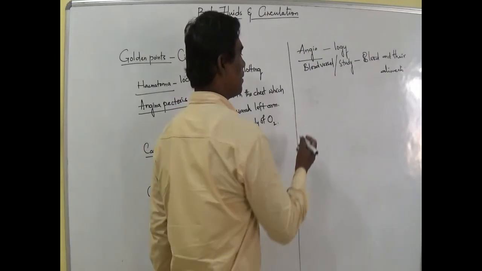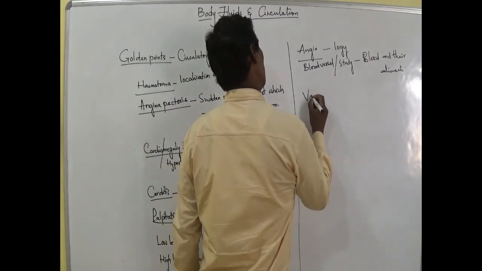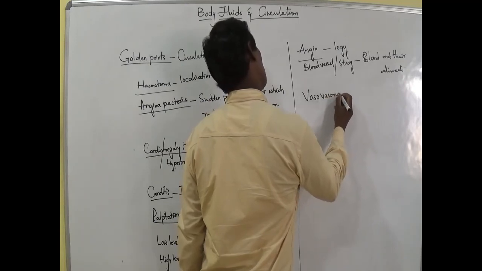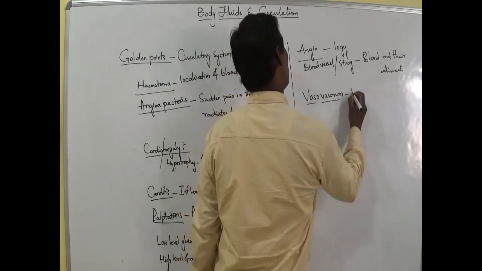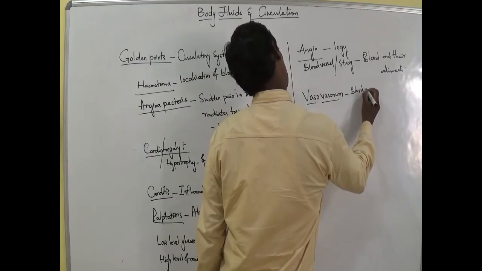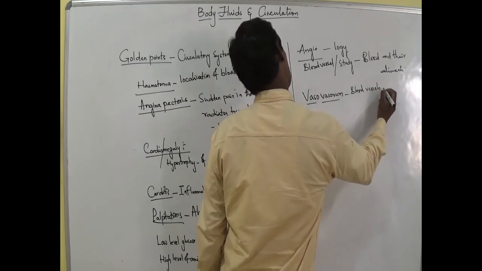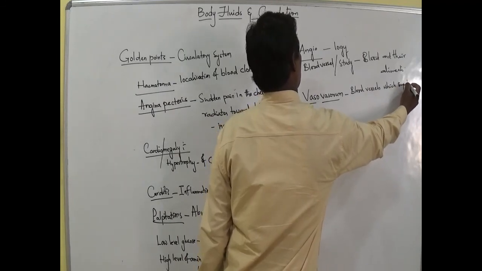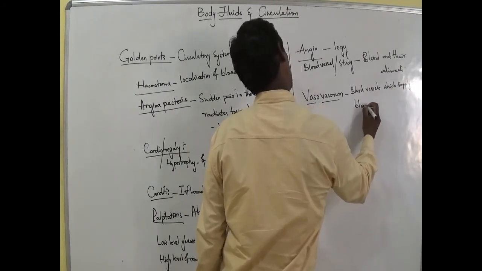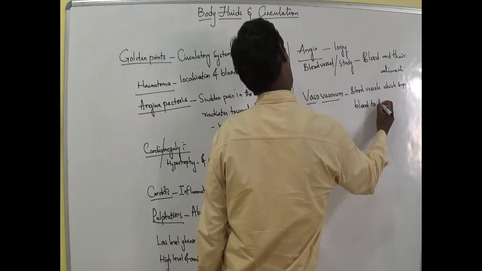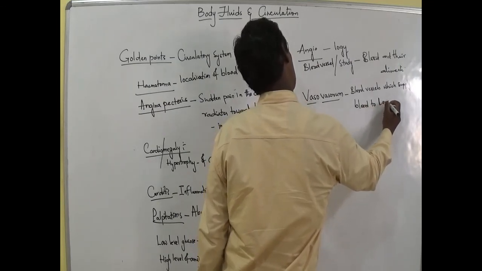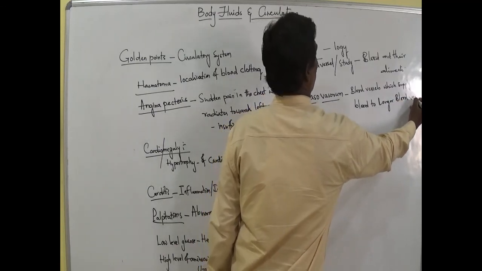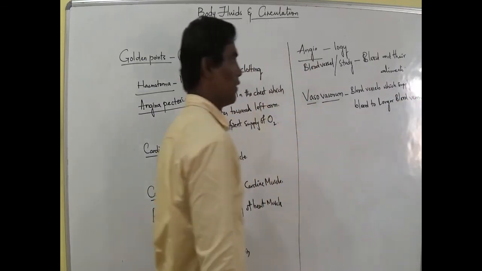It is supplied by blood vessels called vasa vasorum. Vasa vasorum are the blood vessels which supply blood to larger blood vessels.